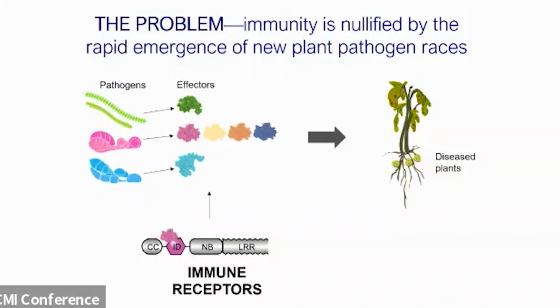Our plant pathogens are continuously spewing out new races that overcome immune receptors by making variants of all these effectors. An incredibly dynamic system, and if you look at the genomes of these organisms, which we like to do, you will find that the effector genes and the immune receptor genes are actually the most diverse genes in both types of organisms, as you would expect with an immune system that's engaging in arms race coevolution.